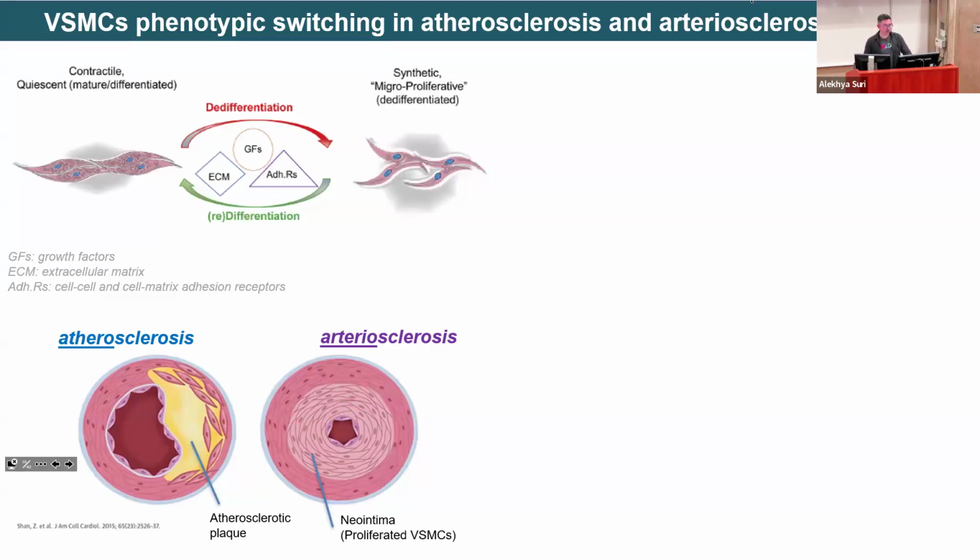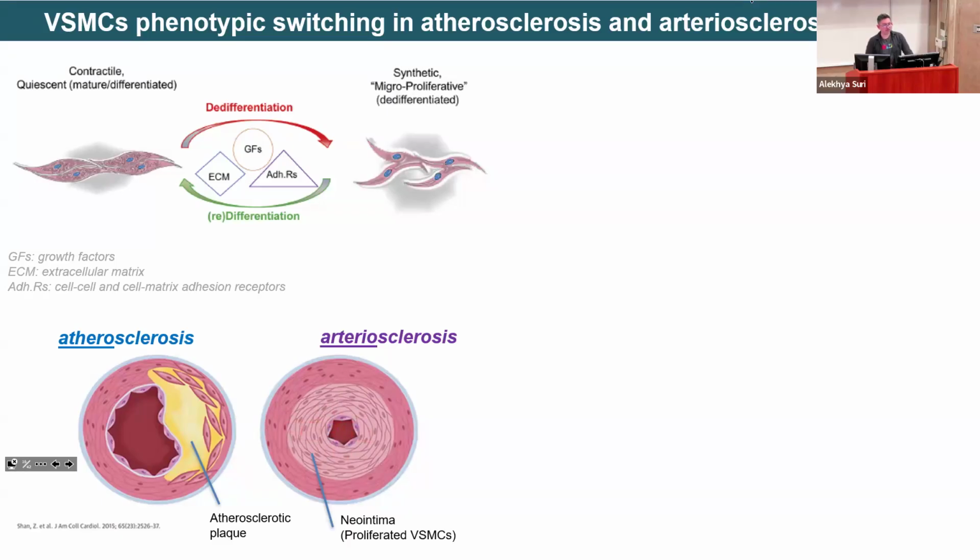Arteriosclerosis is a different story because this is something that's called neointima formation, right? In other words, the smooth muscle cells acquire a proliferative phenotype and they begin to basically multiply. But they don't multiply outwardly. They actually multiply inwardly. And that leads to a drastic reduction of the lumen of that blood vessel.